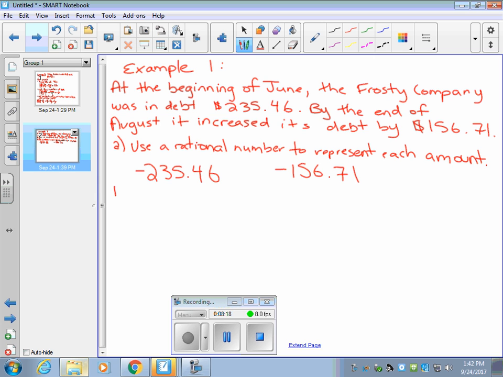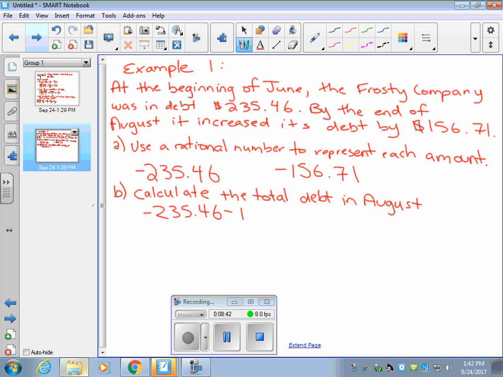And then the second question here asks you to calculate the total debt in August. So we started with $235.46, and then we went more in debt by 156.71.